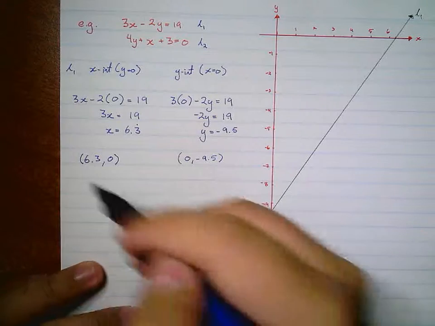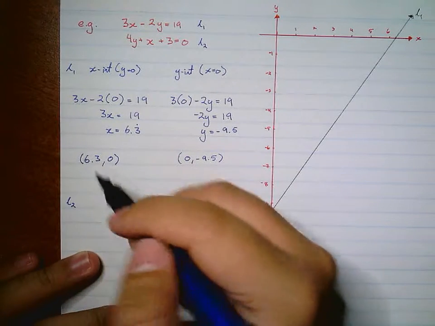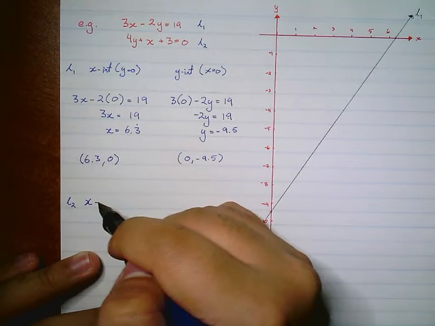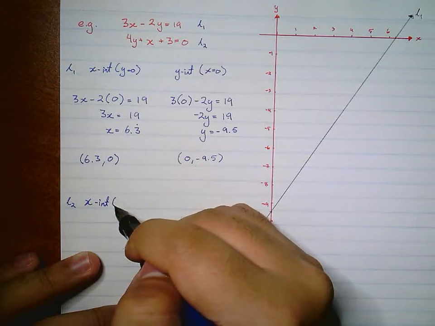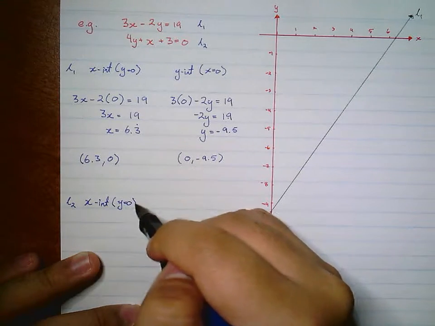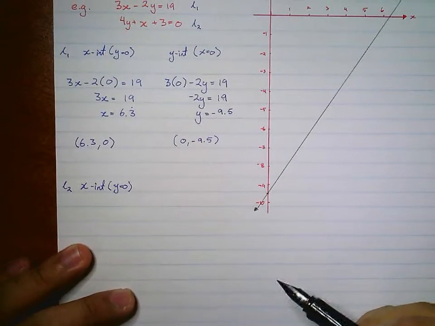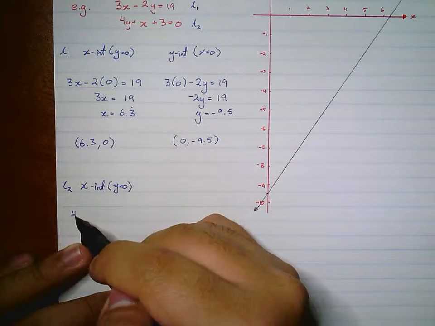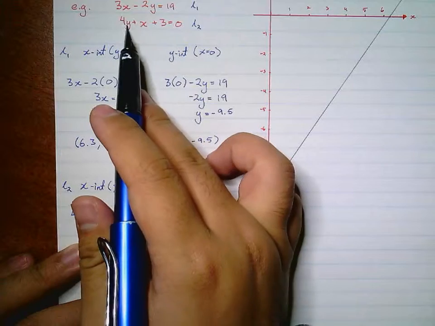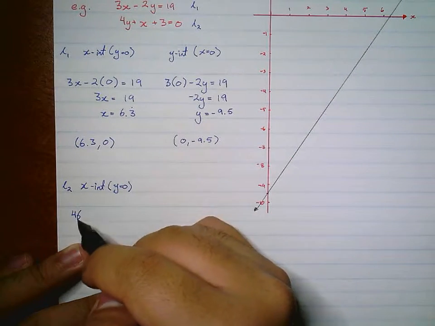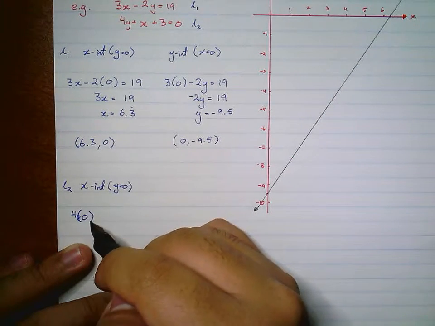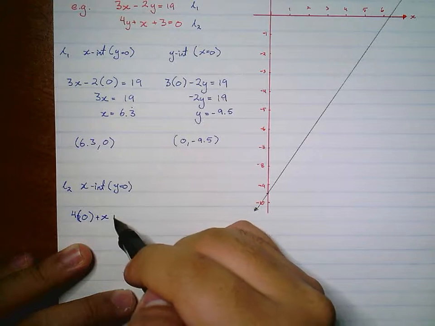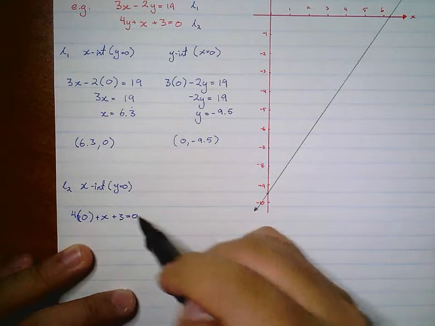Line 2. We'll find the x-intercept first, where y is equal to 0. So let's take a look. We have 4, whoops, that's 4y. It's a little tricky. So 4 times 0 plus x plus 3 is equal to 0.